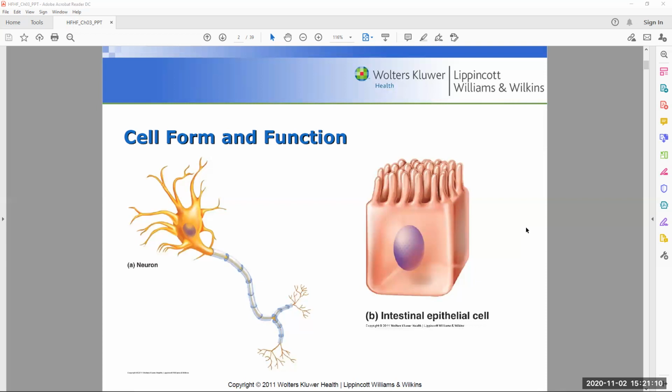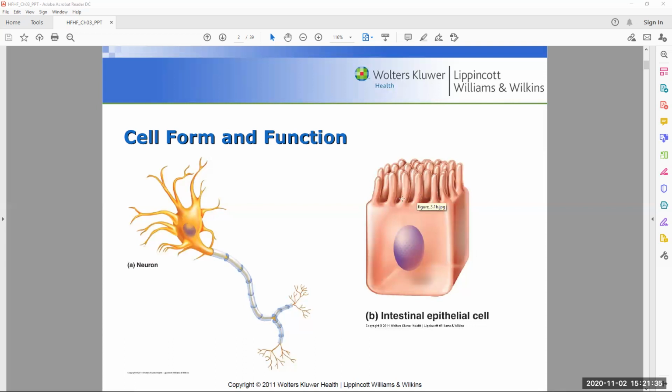Similarly, when we look at the structure of an intestinal epithelial cell, we notice numerous villi present on the surface of the cell itself. And these villi, or extensions of the cell, increase the surface area, thereby enhancing the cell's ability, in this case the intestinal cell, to absorb nutrients.